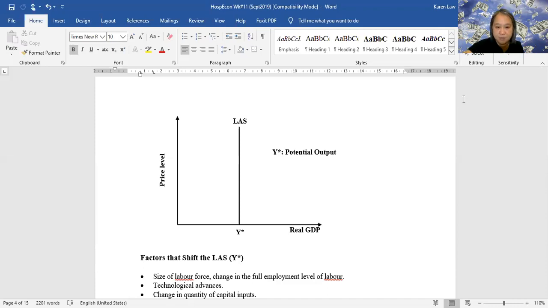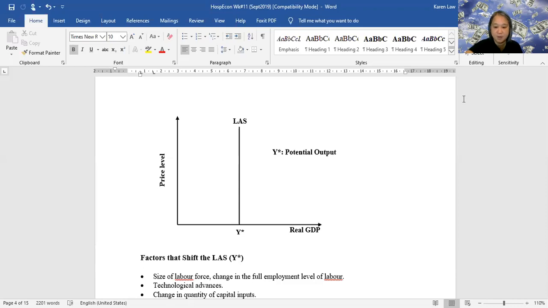So if you think about that, our Y star is kind of like our full potential. It's our max. We can produce in the short run above Y star, but you can't produce beyond Y star long term. Y star will expand, and how does our Y star or our potential output expand?